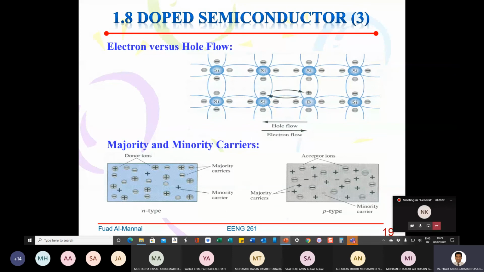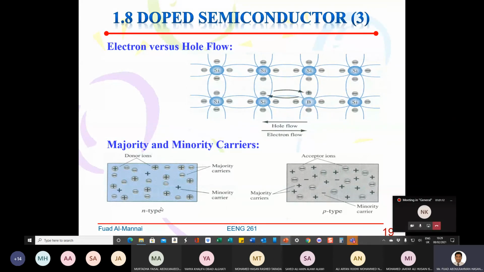Now I didn't tell you all the story. In the N-type, the majority carriers are electrons, and in the P-type, the majority carriers are holes, indicated by the plus here. You can see it's a lot of pluses, while the N-type has a lot of electrons. In each type, N-type and P-type, there are a number of minority carriers. What are they?